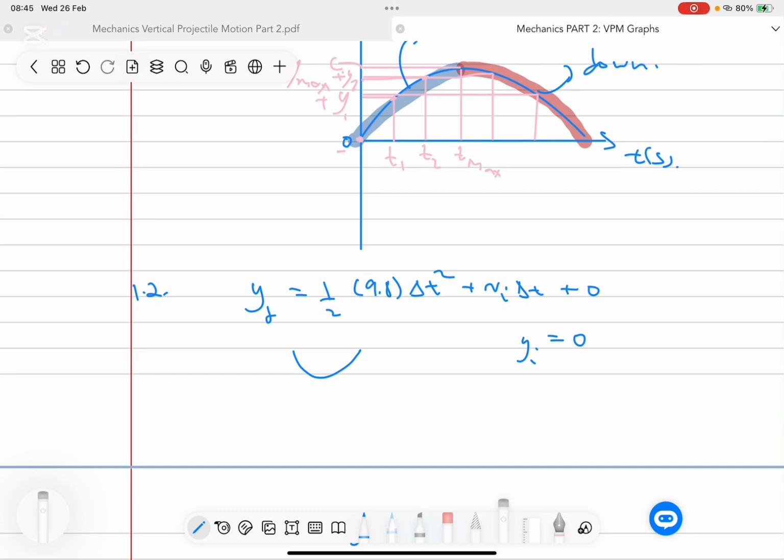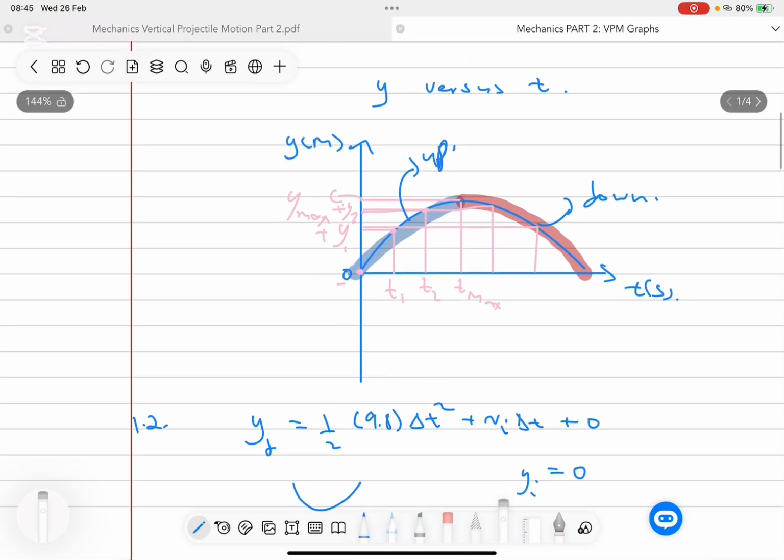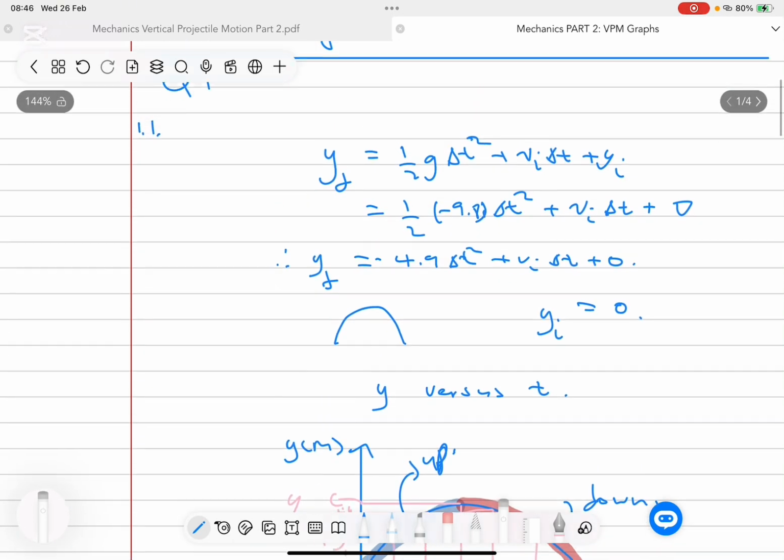Another important piece of information that we have to connect to these graphs is the time symmetry. How do I mean?